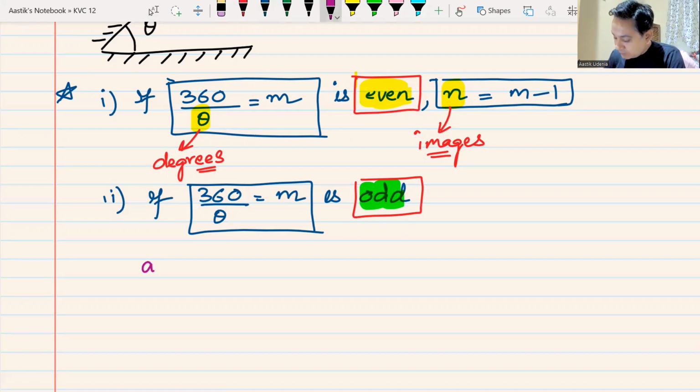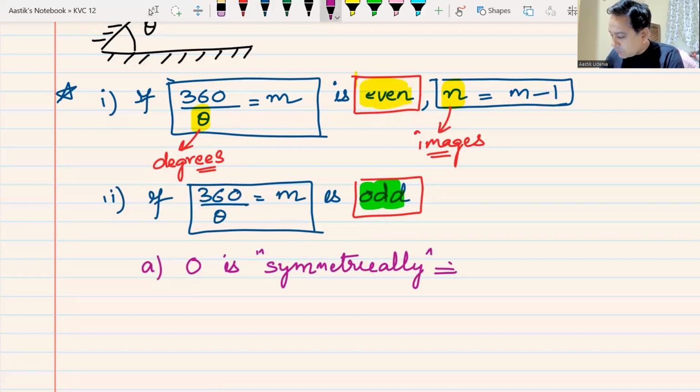Case A: the object is placed symmetrically. When I say symmetrically, I mean it is placed on the angle bisector.